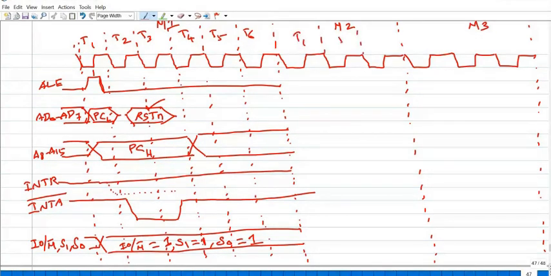T1, T2, T3. T1, T2, T3. Okay, so during the T1 state, your ALE must be high again.